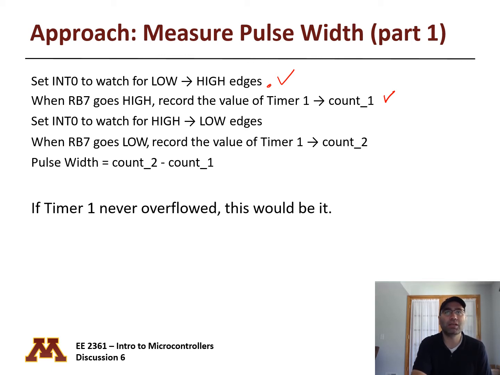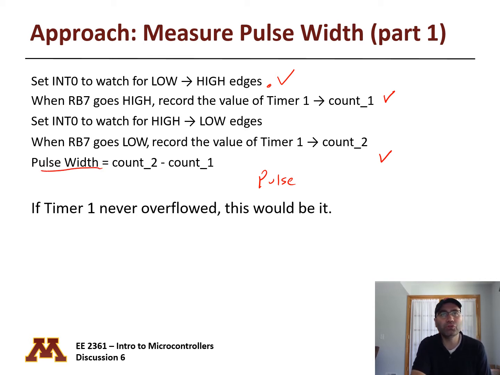In that case, we will have another interrupt, and we will record the timer value at that moment to the count 2 variable. And the pulse width is going to be count 2 minus count 1.